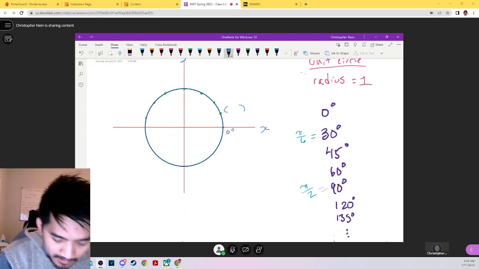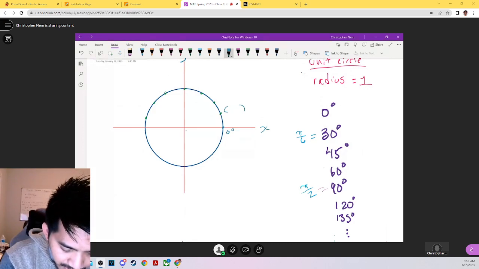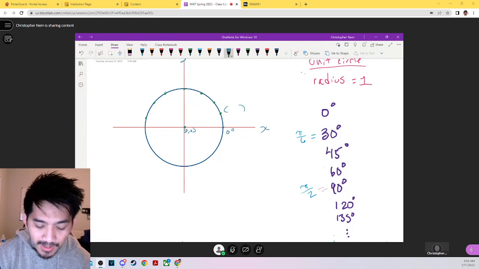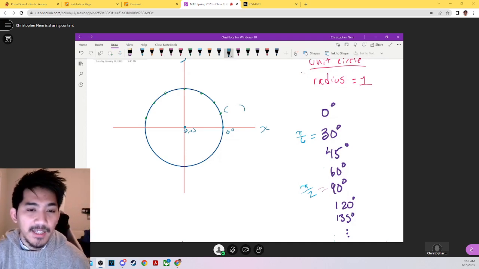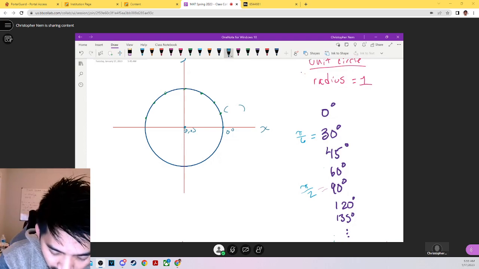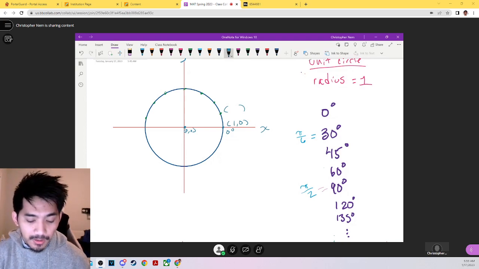This is 0 degrees or 0 radians, and this is the location 1, 0. Here I only have an x value, moving to the right 1 because our radius is 1. So this is the location 1, 0. That one's easy.